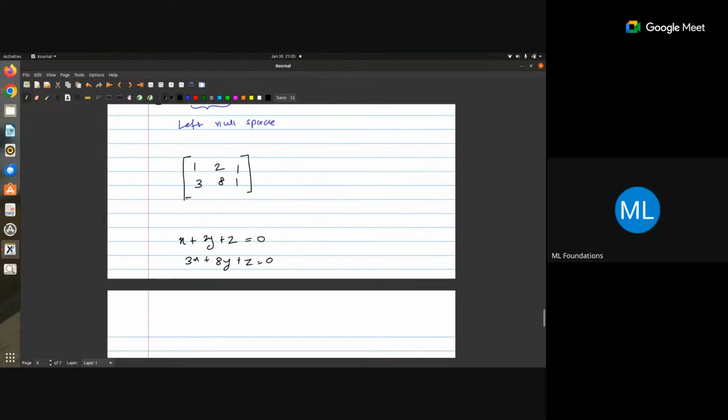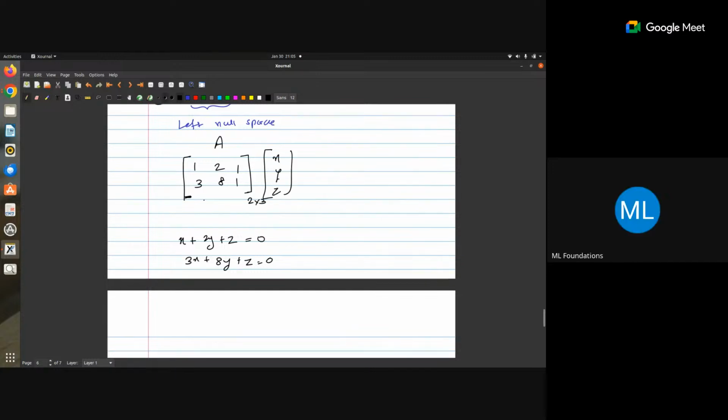So consider only these two equations, and I want to represent them in matrix format. What is the dimension of this matrix? 2 by 3, 2 cross 3. And the variables are x, y, z.